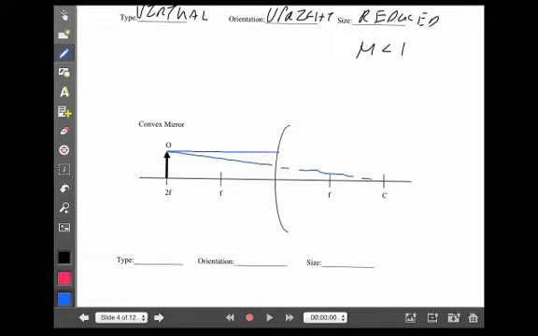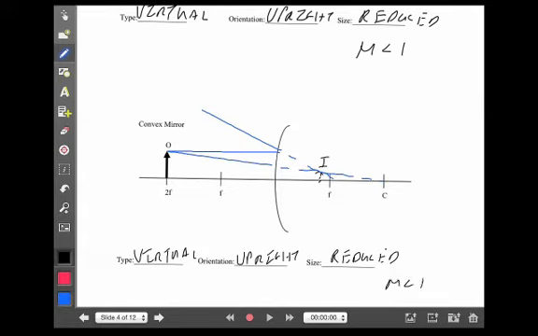And then because of its curvature, it reflects it away from that focal point. And again, my intersection appears to occur somewhere right in here, which gives me, strangely enough, the same type of image again. Virtual, upright, and reduced. Magnification less than 1.